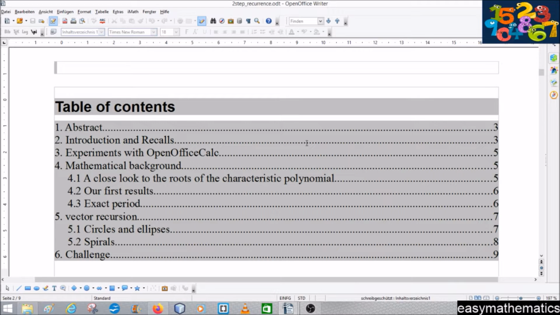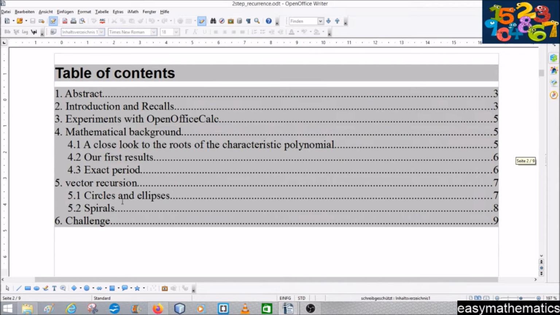And then I will show you some examples using OpenOffice Calc, and then we take a look at the mathematical background, and then for the Fibonacci-like sequences we go into 2 dimensions, and we see some nice behaviors. As you can see, we get circles and ellipses. And the last point is a challenge.